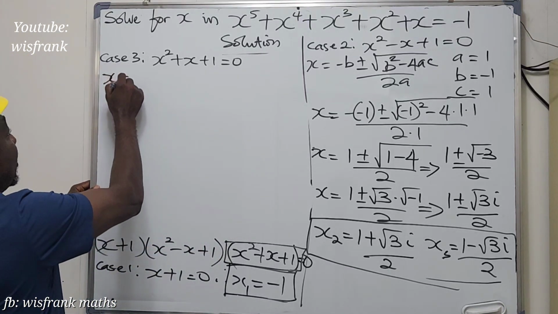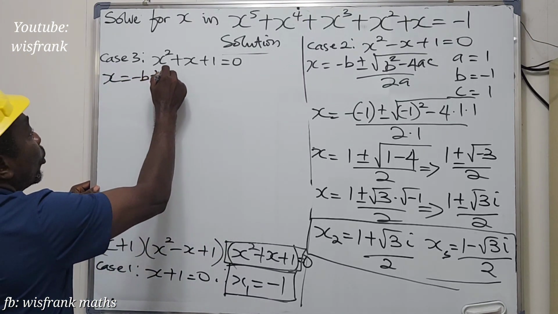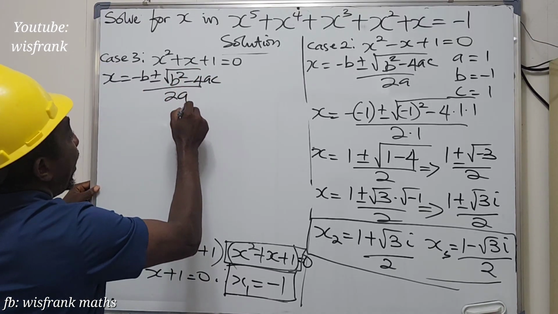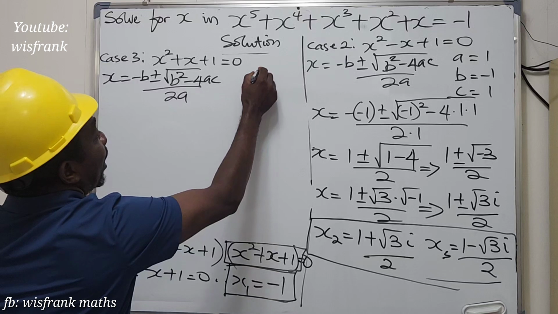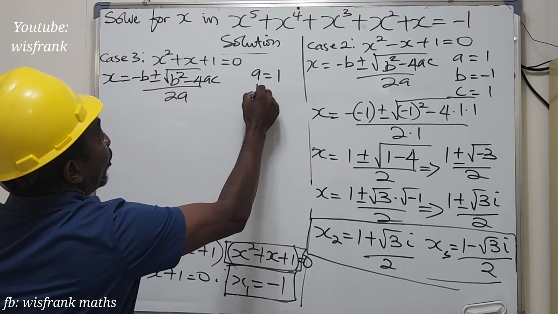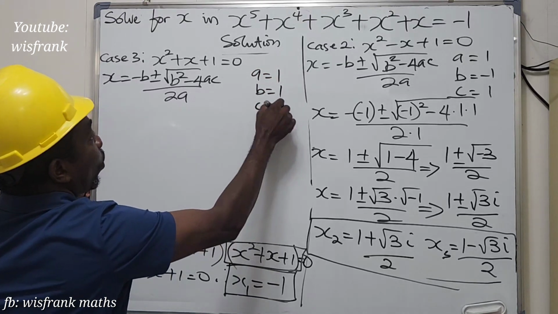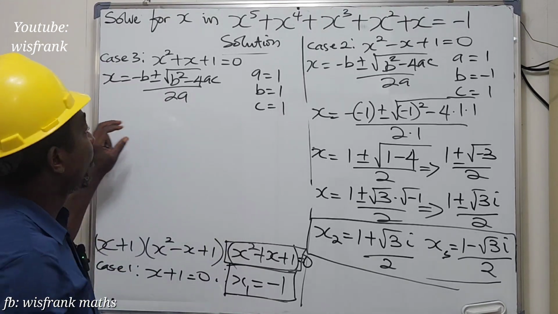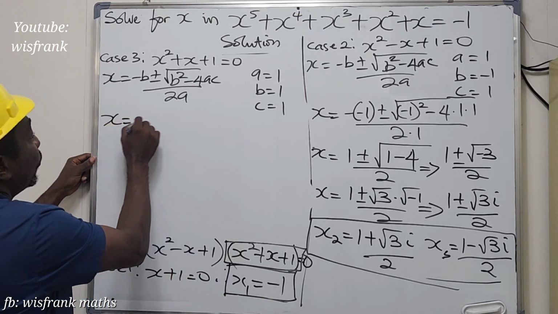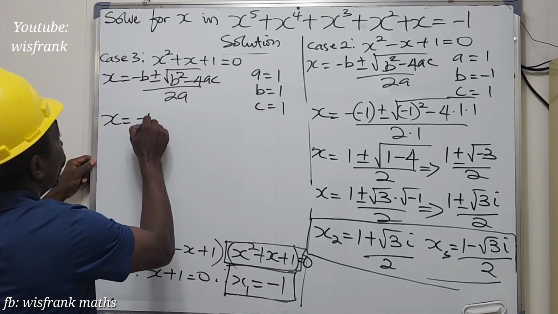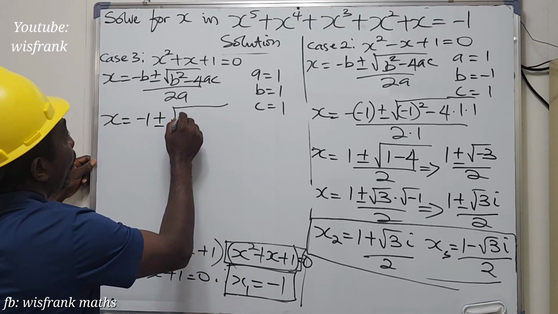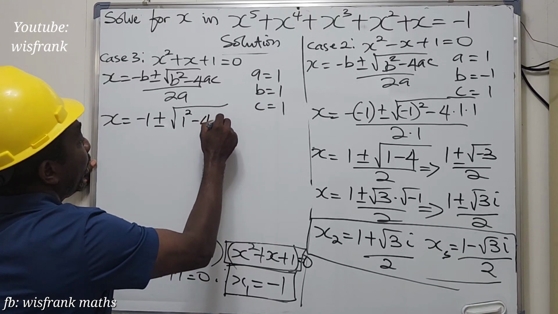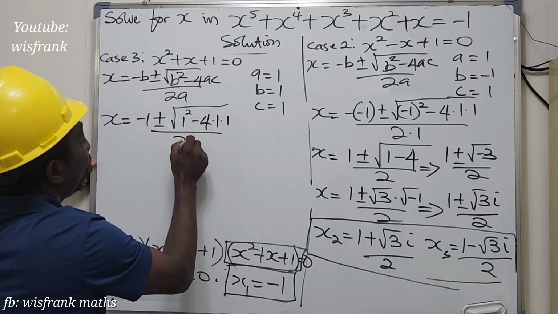So we have x equals minus b plus or minus the square root of b squared minus 4ac all over 2a. In this case, we have a equals 1, b equals 1, and c equals 1. So substituting these parameters into the quadratic formula, we have x equals minus b, which is minus 1, plus or minus the square root of 1 to the power of 2 minus 4 times 1, all over 2 times 1.